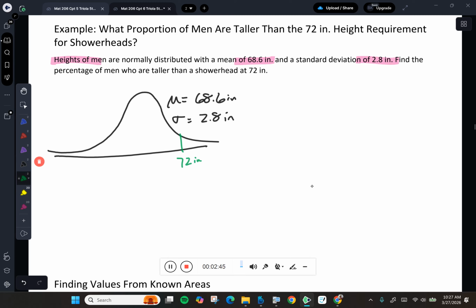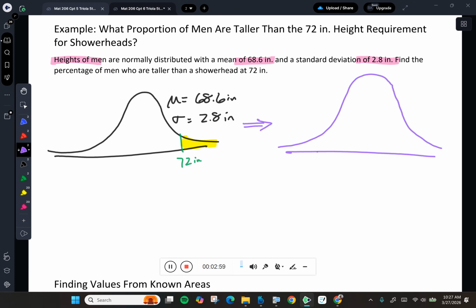And I want to find this right here. For whatever reason, I've decided that I'm not going to do this directly, and I want to turn this into a standard normal problem where my mean will be 0, my standard deviation will be 1, and I need to figure out what this x will become when I make it a z over here.